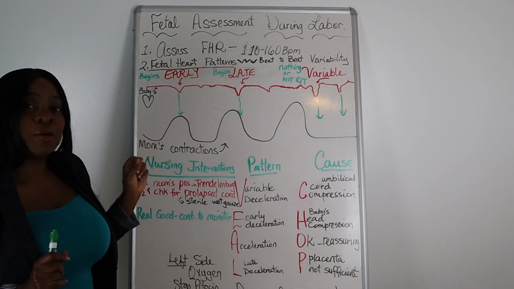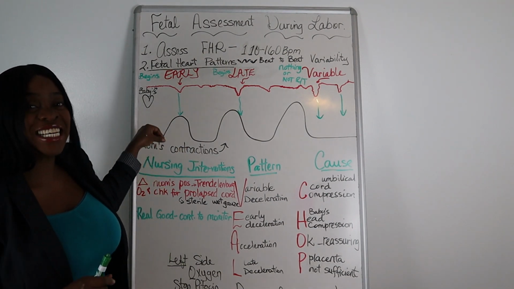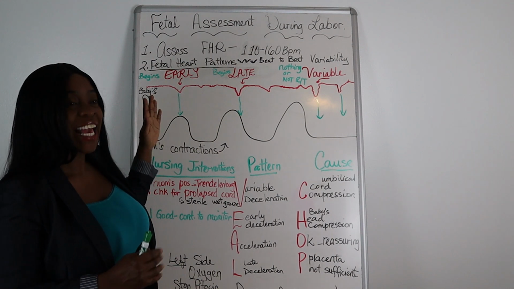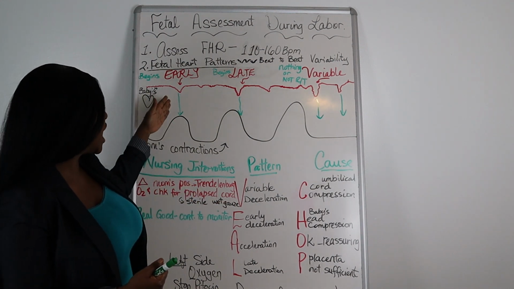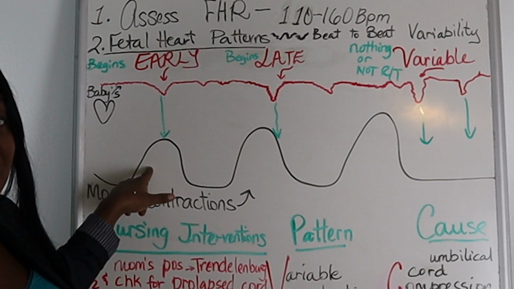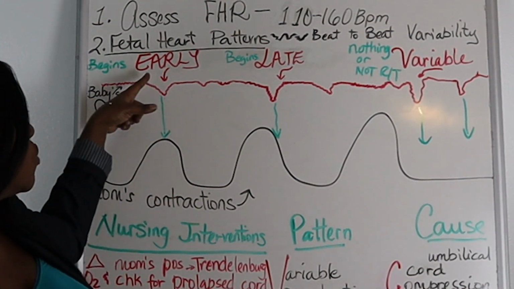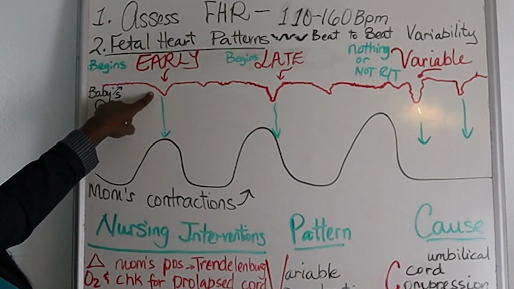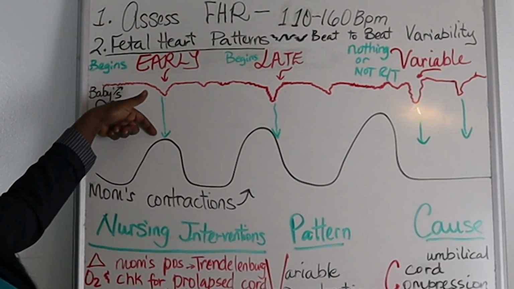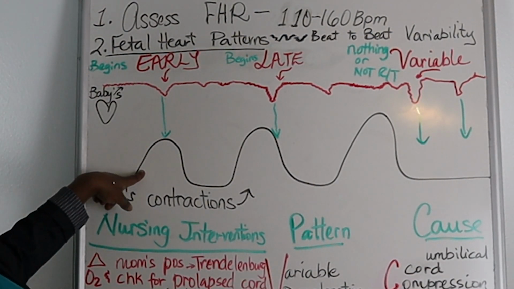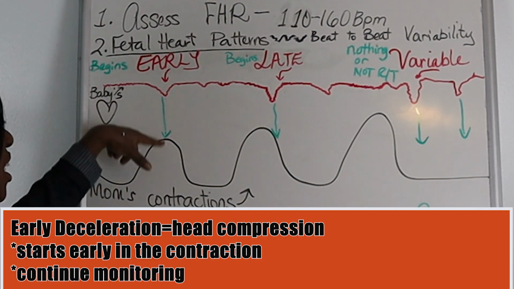So if the baby's heart rate decelerates in conjunction or at the same time or early in mom's contraction, it's considered an early deceleration. So if you look here, the dip or deceleration is occurring in sync or very early with mom's contraction.